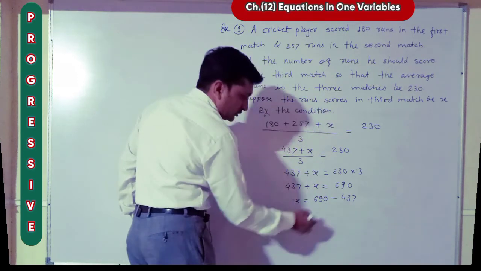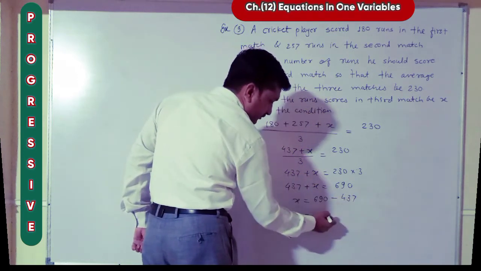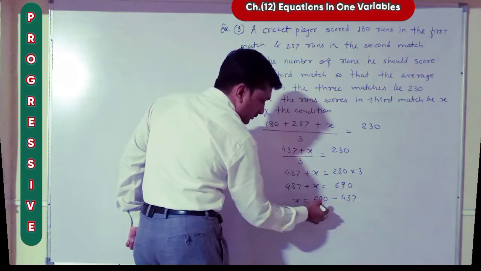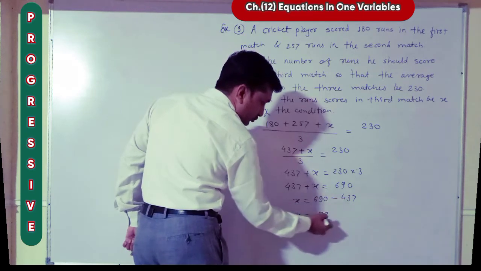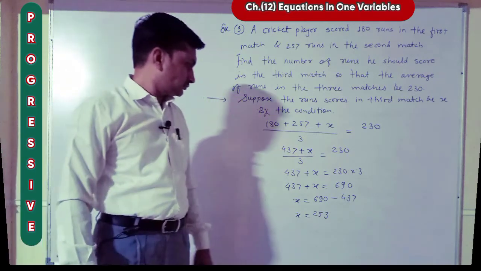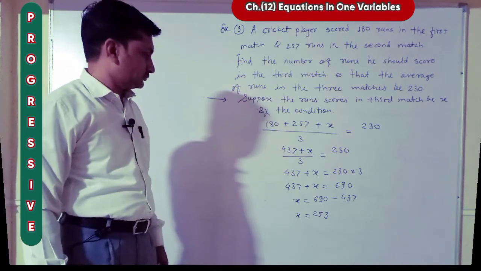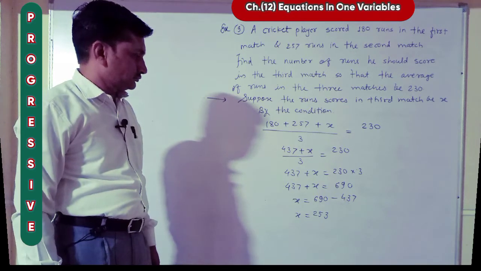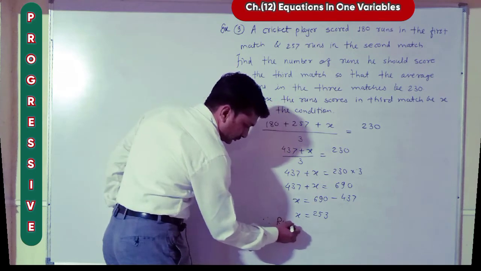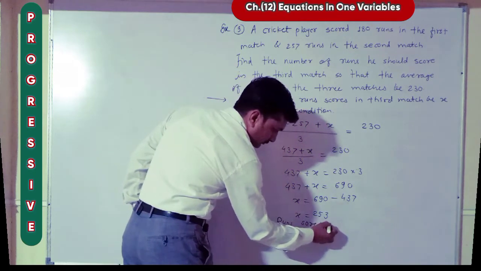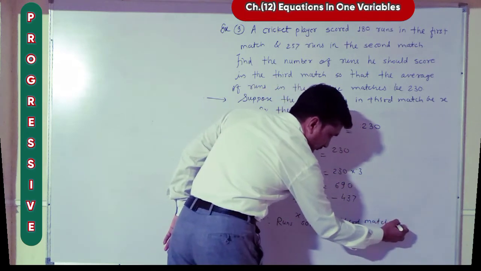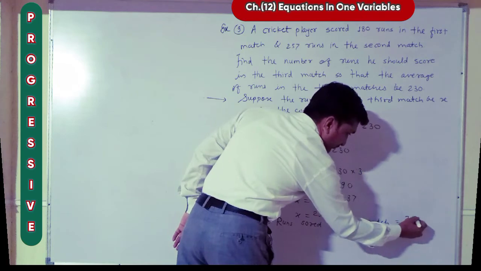X is equal to, now here subtraction 10 minus 7 3, 9 minus 4 5, 6 minus 4 2, 253. These are runs scored in third match. Therefore, runs scored in third match is equal to 253.